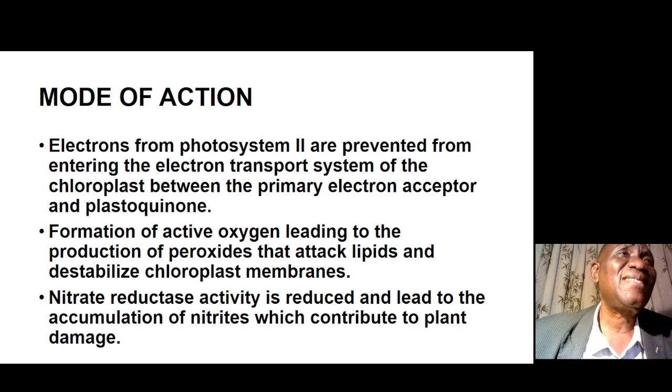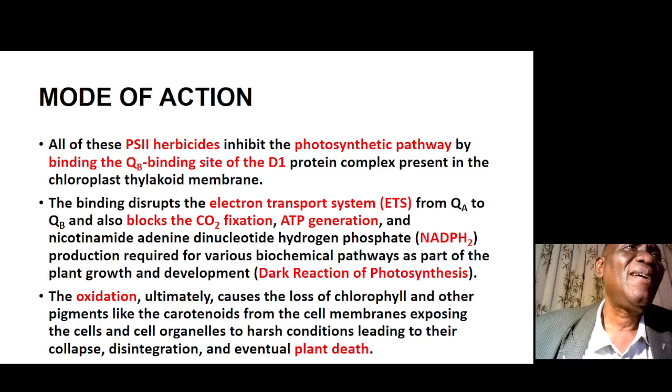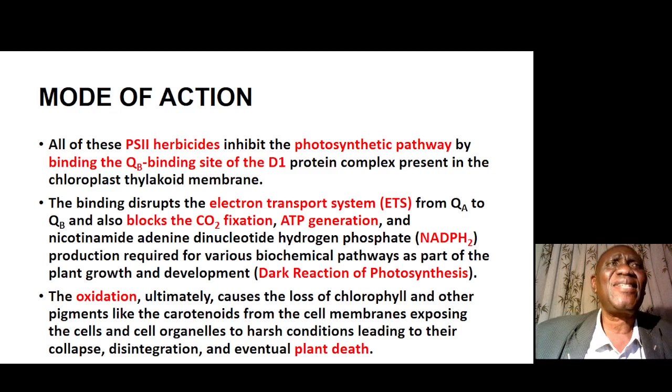But if you are interested also in the details, this may be sufficient. You may want to know that the PS2 herbicides inhibit the photosynthetic pathway by binding to the QB binding site of the D1 protein complex present in the chloroplast thylakoid membrane.